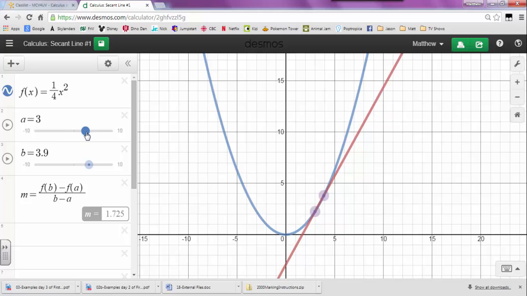Now I want to keep this at 3 to make it easier. And if I can do a good job here of sliding this along, you can see I think that my slope is getting closer and closer to 1.5 until the point where the 2 points are on top of each other and my slope is undefined.